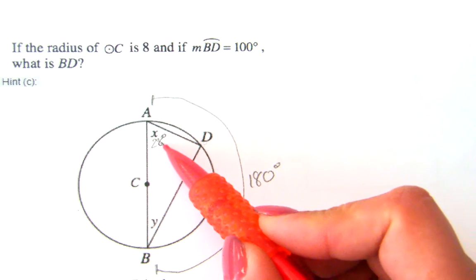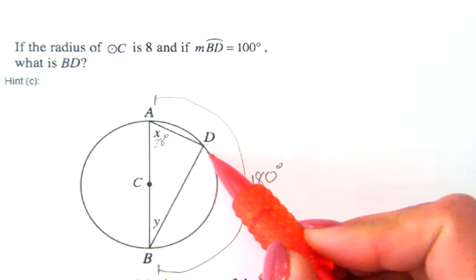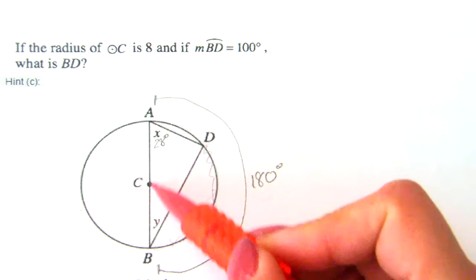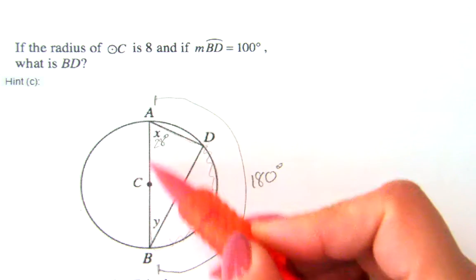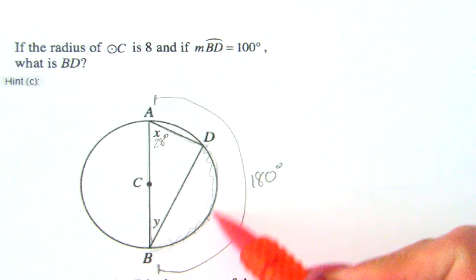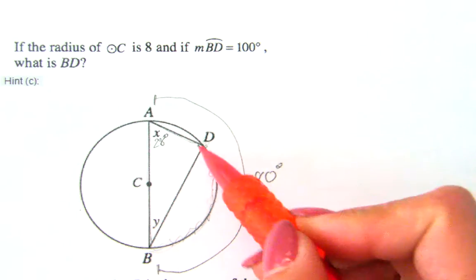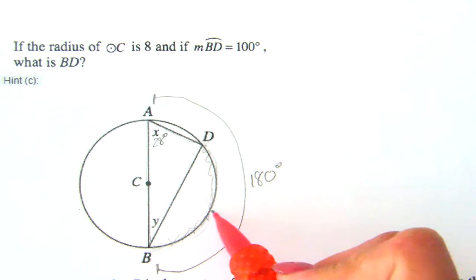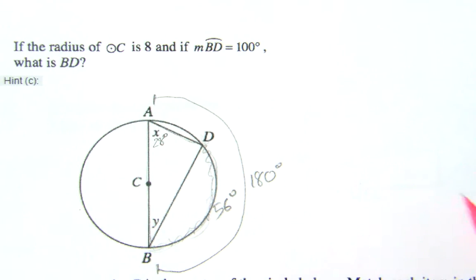And then if this is 28, then this is your intercepted arc, and this is your inscribed angle, and then this is your intercepted arc. So this is going to be double 28, so this is going to be 56 degrees.